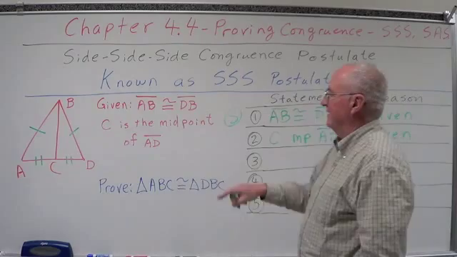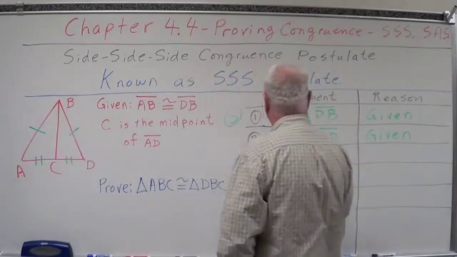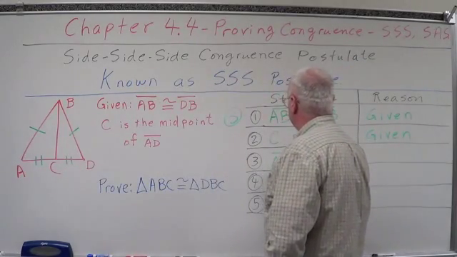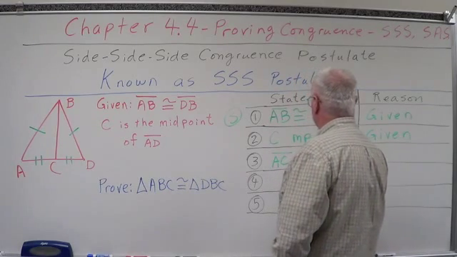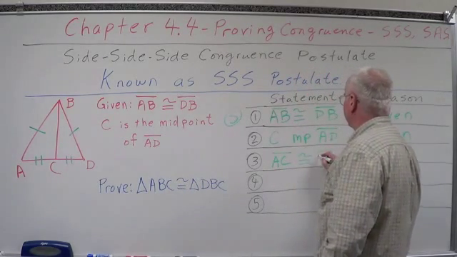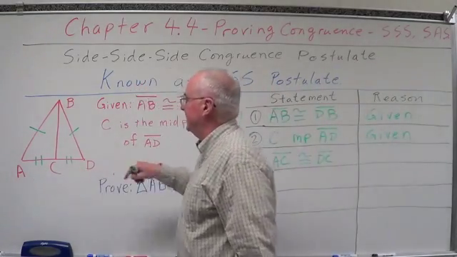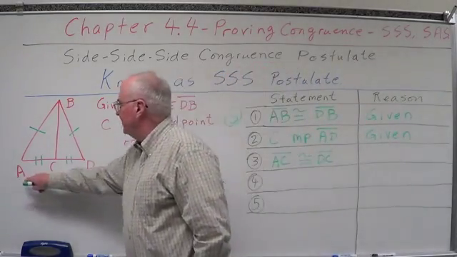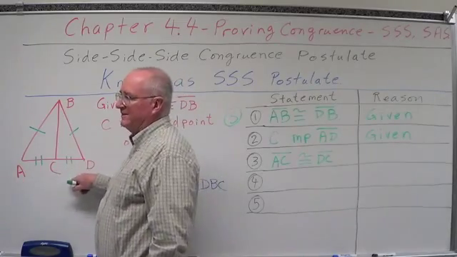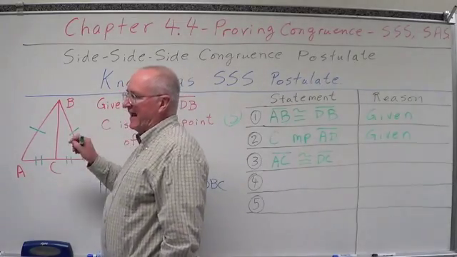Well, what does that mean? We've marked over here that that means segment AC is congruent to segment DC. Now notice I said DC instead of CD. Why? Because I want to keep the corresponding points and vertices together.